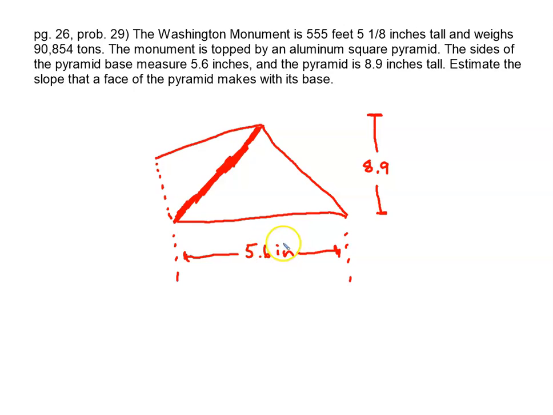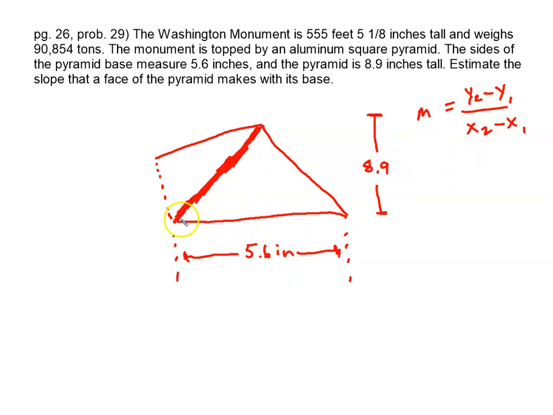Well, if we have ordered pairs, that always makes finding the slope of a line pretty easy, because we can plug into our slope formula. So let's see if we can take the information we're given and come up with a couple of ordered pairs that could represent this line, so that we could then just use the slope formula.